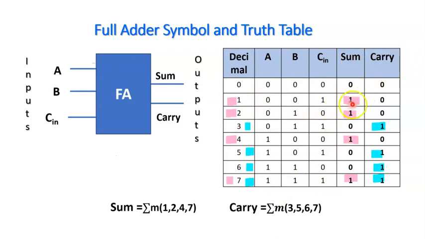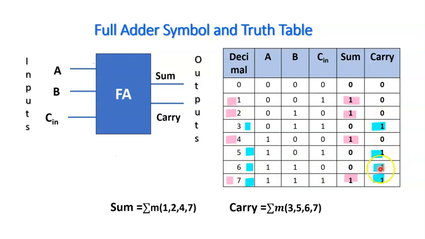If you work out, you will find that at positions 1, 2, 4 and 7, the output is 1 for the sum, and for the carry, whenever ABC in has a combination at 3, 5, 6 and 7, the output is 1.